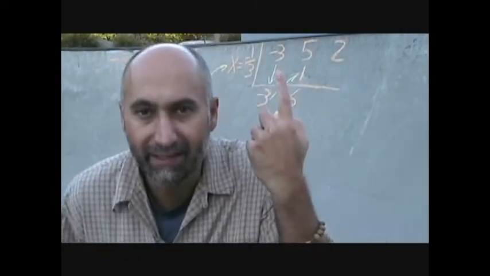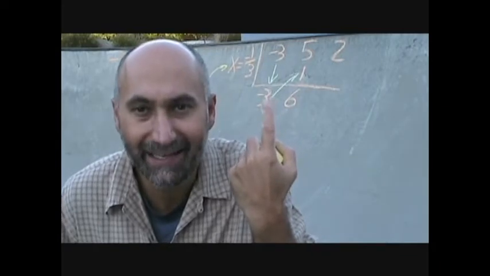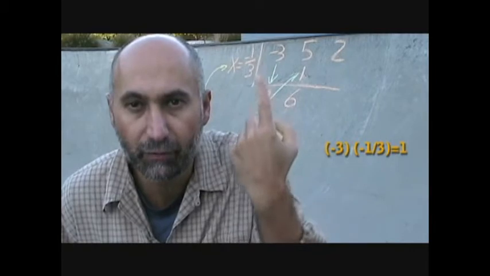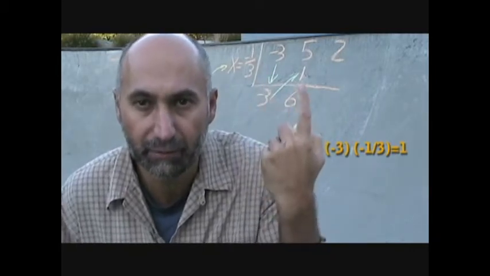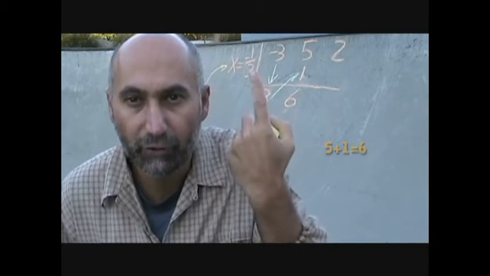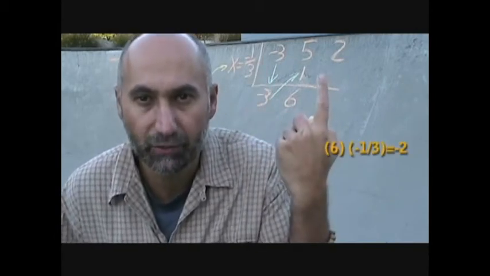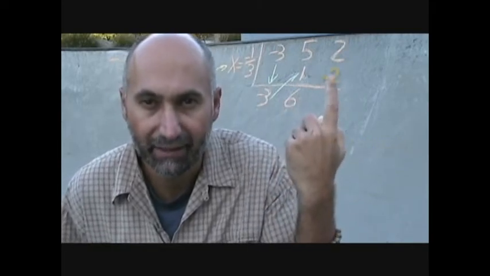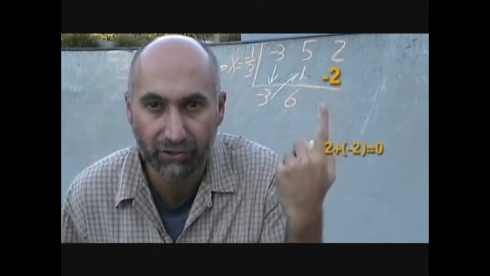So what we do is the -3 comes down. -3 times -1/3 goes up there. Now -1/3 times -3 is going to be +1. 5 plus 1 is going to be 6. -1/3 times 6, that's going to go up there. Now -1/3 times 6 is going to be -2. And we put that there, and 2 minus 2 is just going to be 0.